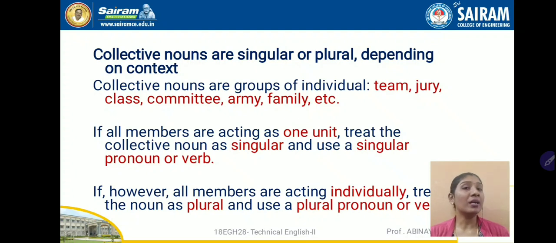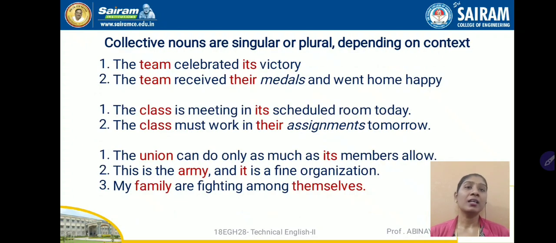If all members are acting as one unit, treat the collective noun as singular and use a singular pronoun or verb. If, however, all members are acting individually, then take the noun as plural and use the plural pronoun or verb. See here, collective nouns are singular or plural.